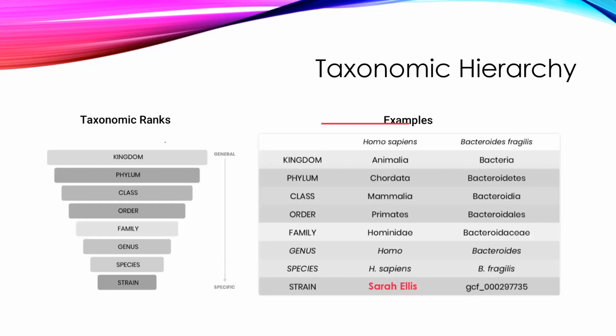Now let's put this into perspective. When we think of taxonomic ranks, we are going from kingdom to strain. And so if we look at humans, Homo sapiens, they belong to the kingdom Animalia, phylum Chordata, the Mammalia class, primate order, Hominidae family, and then the genus is Homo.